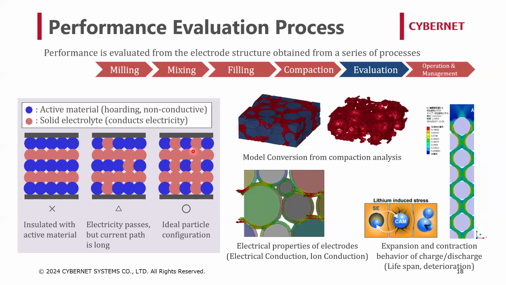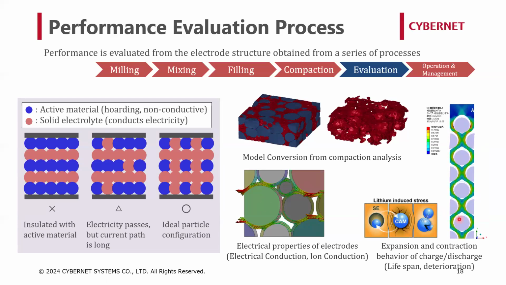For example, if you want to see the electrical characteristics, you can apply a potential difference and see not only the internal current distribution as shown in the vector plot, but also evaluate macroscopic performance such as internal electrical resistivity.